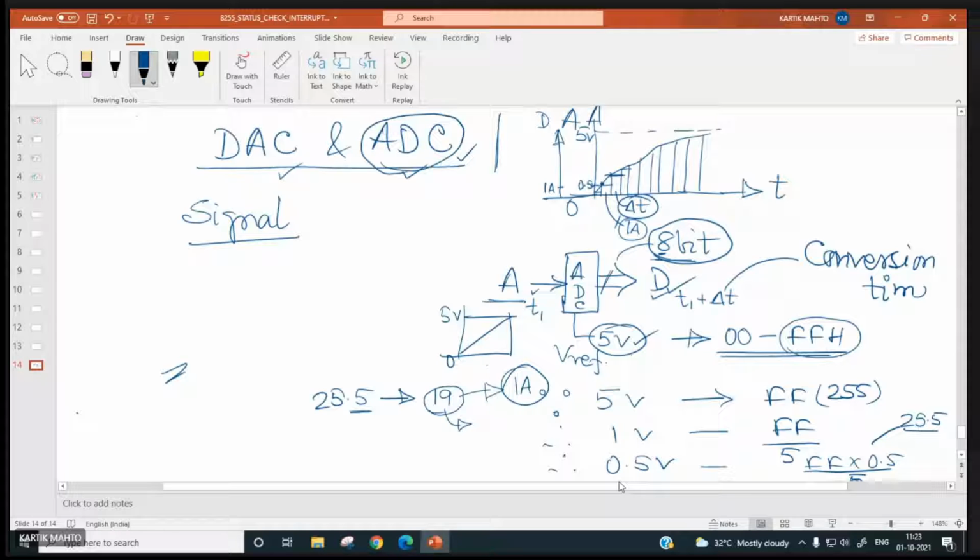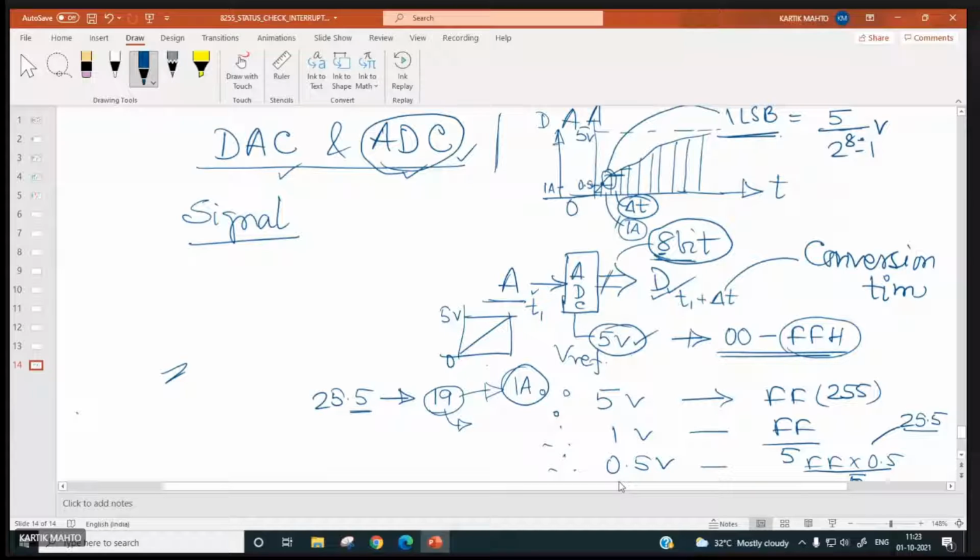This step size is always 1 LSB. And what is 1 LSB? You know that 1 LSB is 2 to the power n minus 1. This is the value of your 1 LSB.